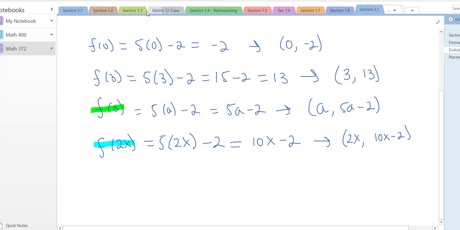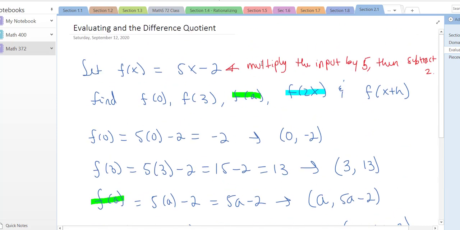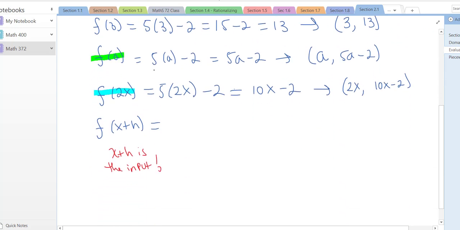So the next one is asking us to find f of x plus h. Now this x plus h is the input. So what does the rule say? The rule says we're going to multiply the input by 5, then subtract 2. So for f of x plus h, we're going to take the input, multiply it by 5, and subtract 2.